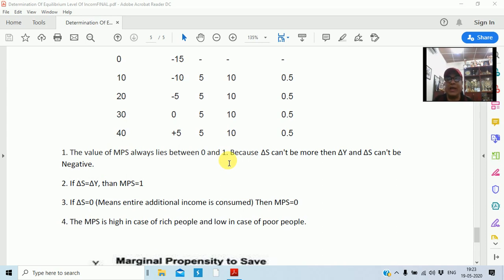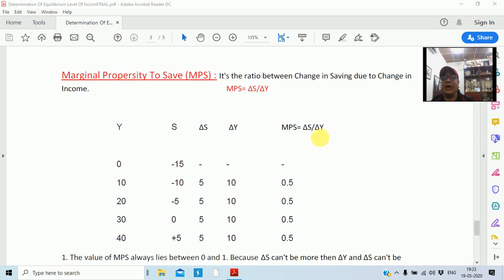MPS can neither be less than 0 nor more than 1, because delta S can't be more than delta Y. If your increased income is 10 crore, maximum how much can you save? 10 crore only. अगर आपकी इनकम 10 करोड़ बड़ी है तो आप मैक्सिमम कितना सेव कर सकते हो? 10 करोड़. 10 करोड़ से ज्यादा सेव कर ही नहीं सकते हो. So delta S cannot be more than delta Y. So that's why MPS cannot be greater than 1.